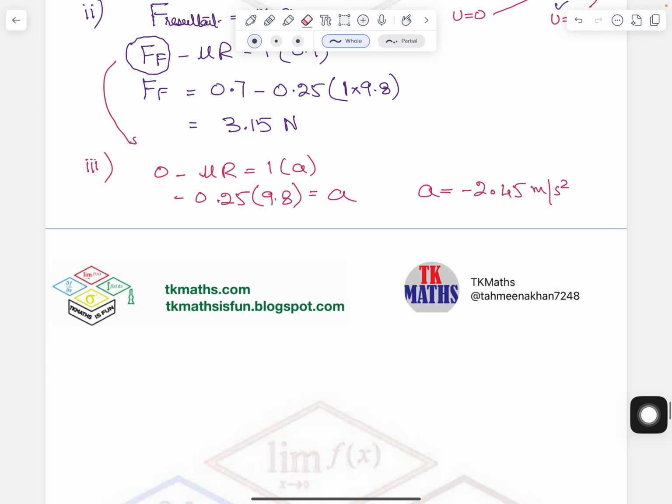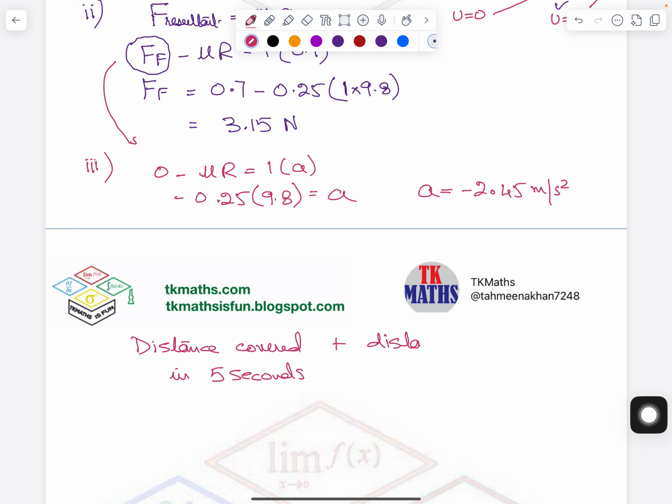So in the first stage, I'm writing here: distance covered in 5 seconds plus distance covered when force is removed.